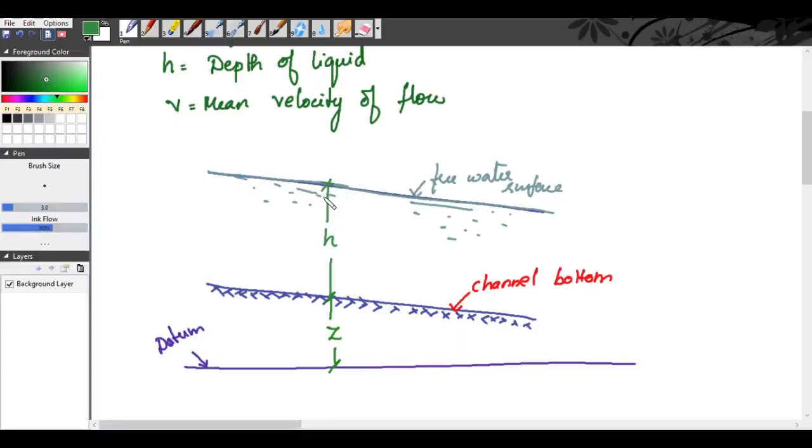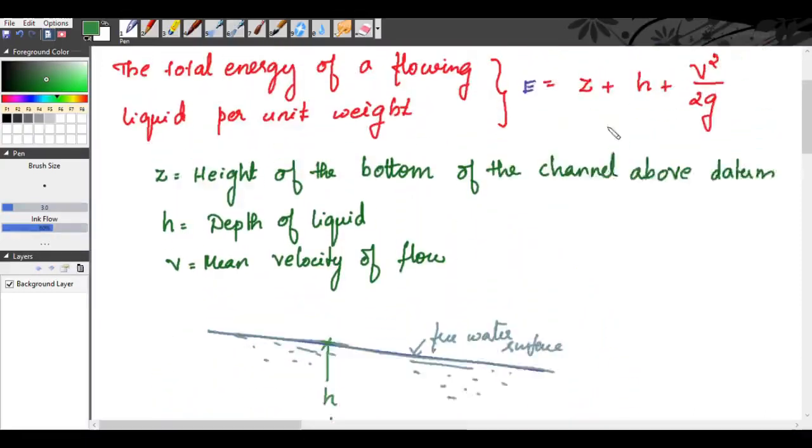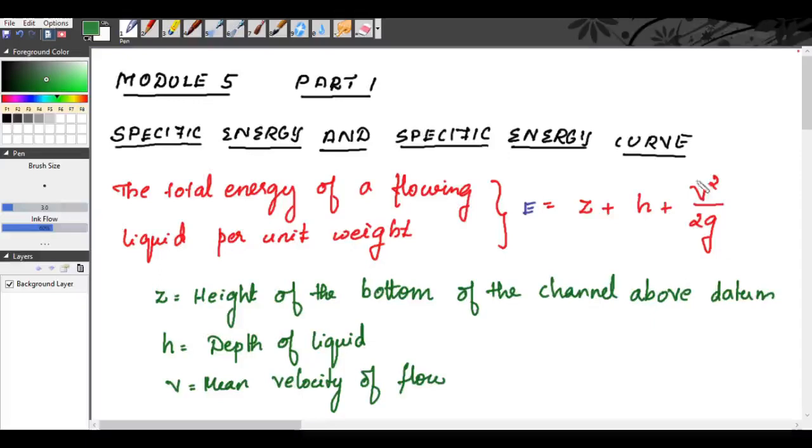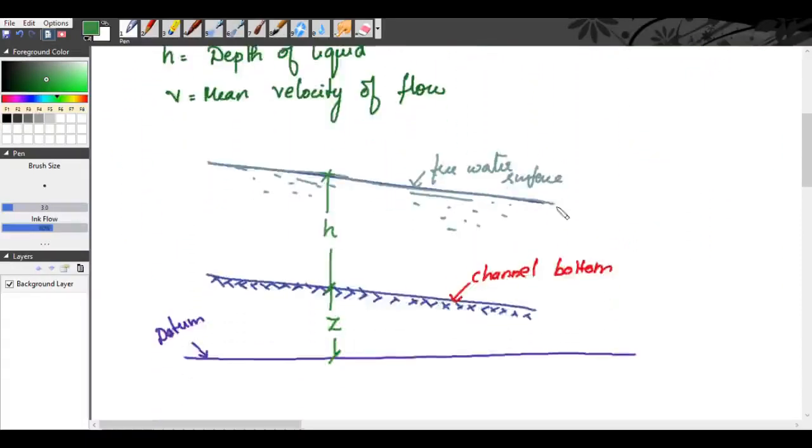Now we have one more term in the total energy, that is V square by 2G, the kinetic energy head. How can we draw the kinetic energy head? We will draw it like this. It is not constant, it depends on the velocity, so it is not parallel to this line.